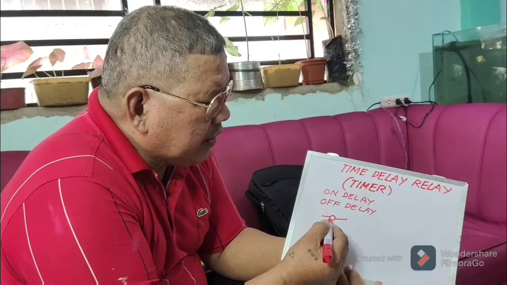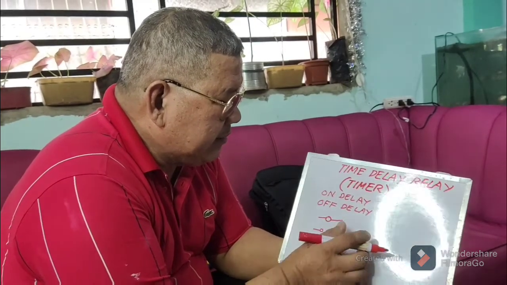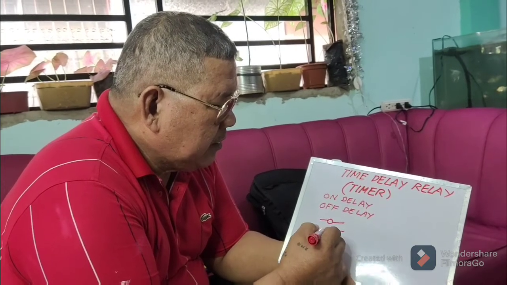Okay, for instance, what is the diagram? So you have your diagram, you have your what we call the holding coil, okay, and then you have your contact here. Like that.